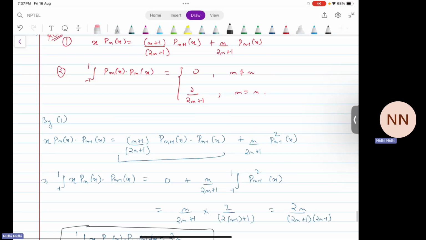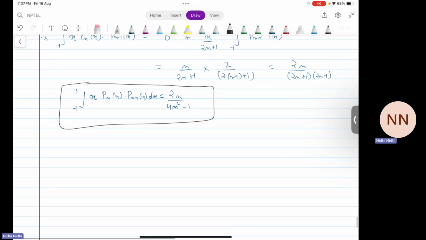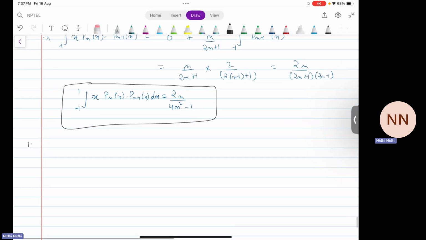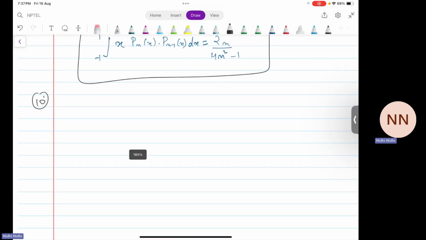We'll be again using the same results, first and second, to prove the next question. So let's move to the last question of this tutorial.